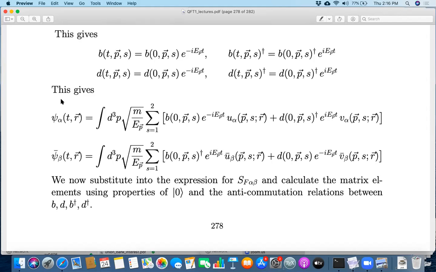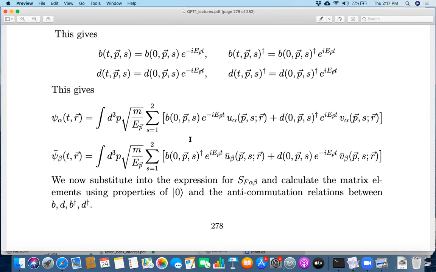So when psi is to the left of psi bar, this pair contributes. This other pair doesn't contribute, because here d dagger is on the left and d is on the right. That is already 0, because d acting on the vacuum gives you 0, and d dagger acting on the vacuum on the left gives you 0. So for t1 larger than t2, it's this pair of terms which contribute.